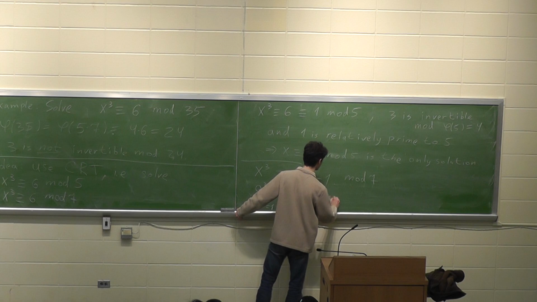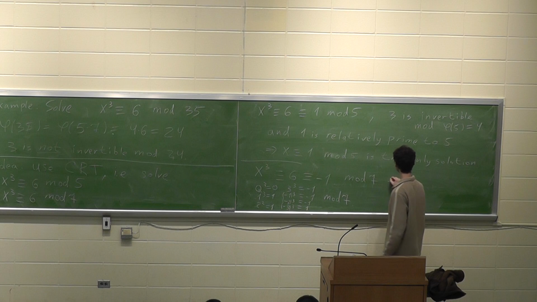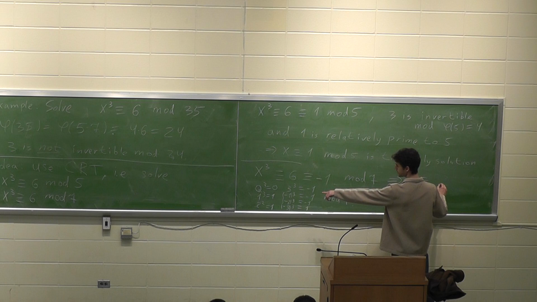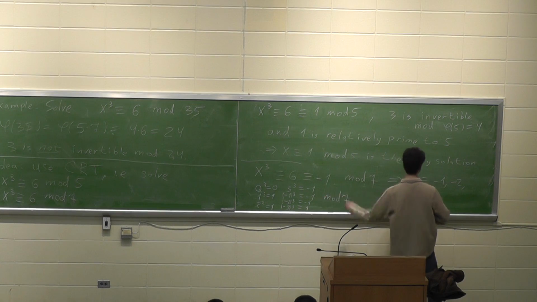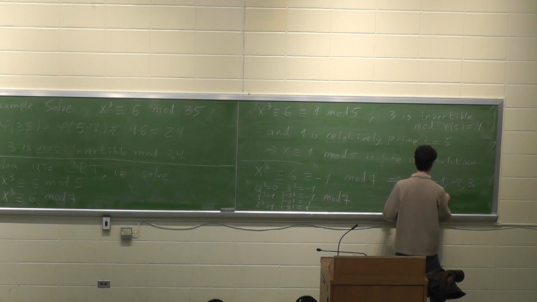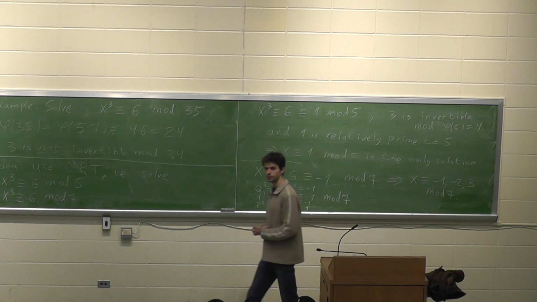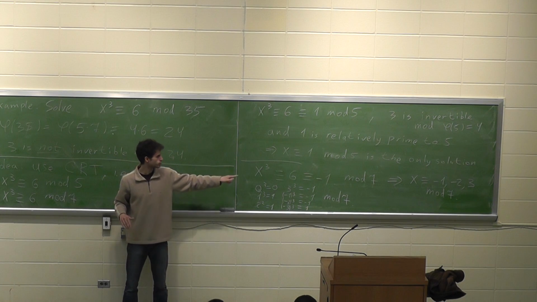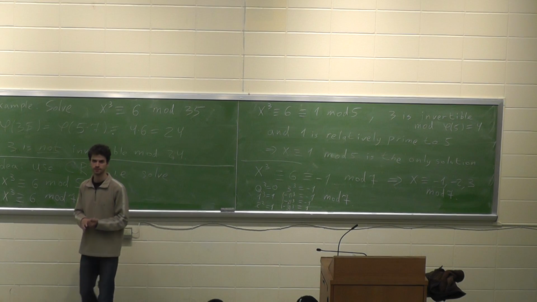So this whole thing is modulo 7. So here, x is 1. I'm sorry, it's -1, -2, or 3 modulo 7. So we got the following information out of this. x is congruent to 1 modulo 5, and x is congruent to either -1 or -2 or 3 modulo 7.